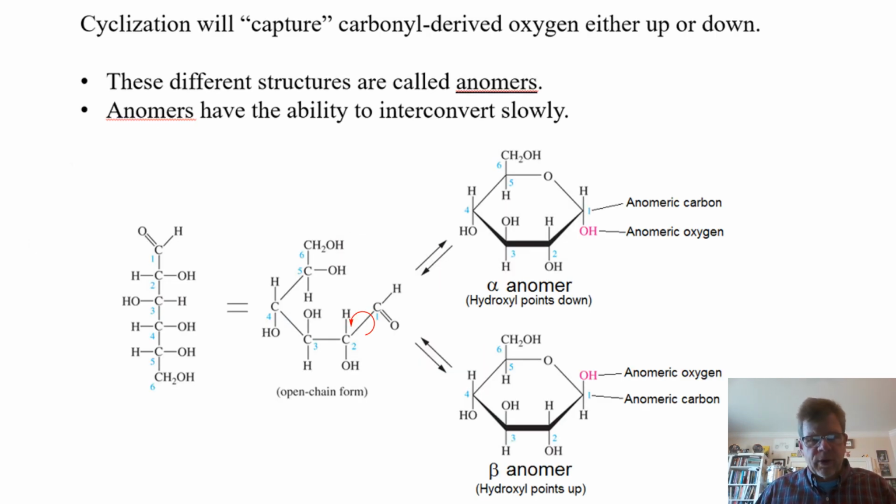Let's take a closer look now at what this cyclization process is all about. I would bring your attention to the molecule in the middle, this open chain form right here. Because we're in the open chain form, notice that we have free rotation around all of these carbon-carbon single bonds, notably the one with that little red arrow next to it that shows that bond can enjoy free rotation.